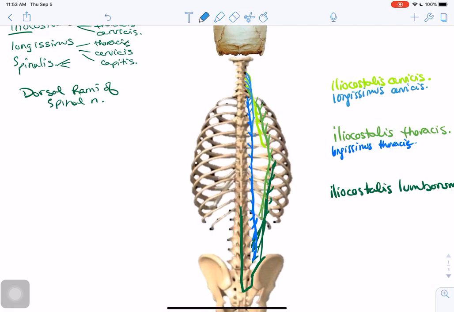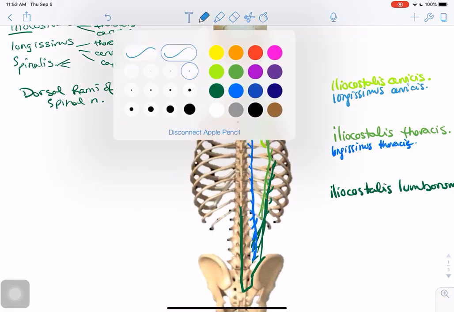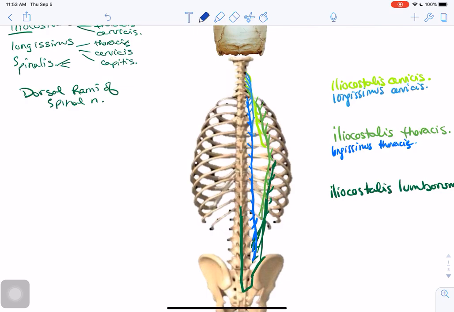But longissimus also has a capitis portion, and the capitis portion also has an origin from T1 to T5 transverse processes, but that origin continues up into the cervical region, and comes off the transverse processes of about C4, 5, 6, and 7.